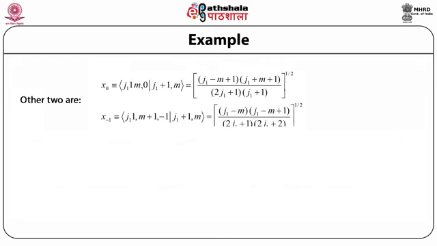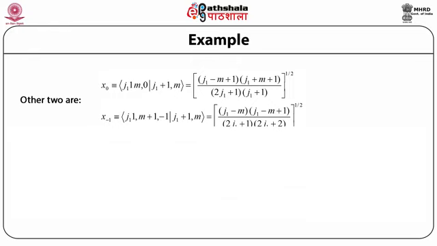X subscript 1 is equivalent to the Clebsch-Gordon coefficient given by bra vector j1 1 m minus 1 1 ket vector j1 plus 1 m, and this is equal to under the root (j1 plus m) times (j1 plus m plus 1) upon (2j1 plus 1) times (2j1 plus 2).